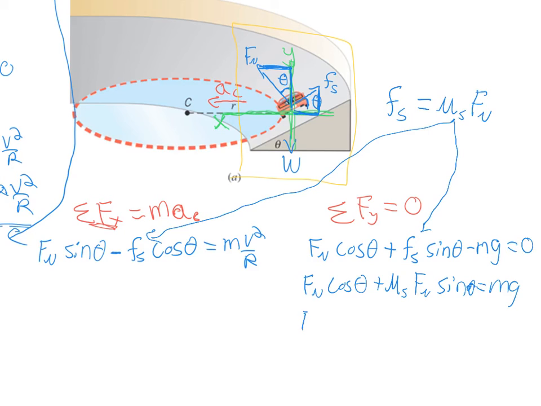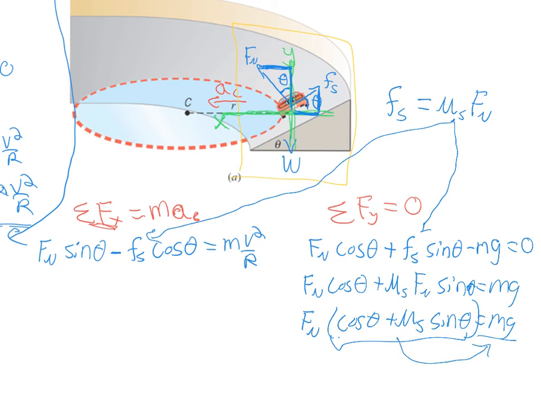Factoring out the normal force, you get the normal times cosine theta plus mu sine theta equals mg, and then you can divide by this entire term to find the normal force, and then plug that into your x equation and try to solve.